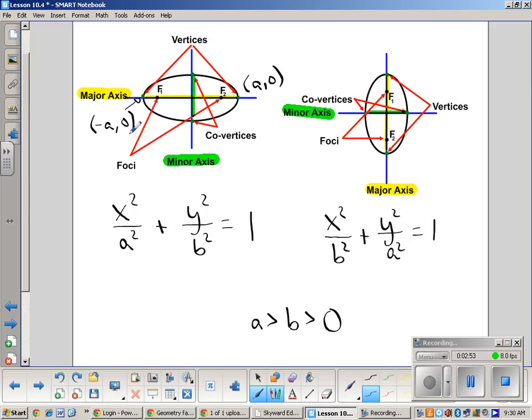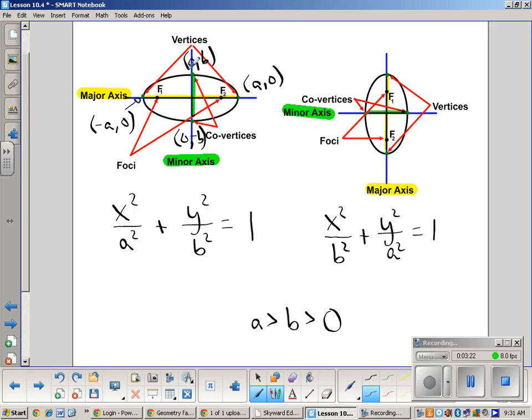This is only true if the center of the ellipse is at the origin. If the ellipse is centered at the origin, then this would be A,0 and this would be negative A,0. The co-vertices then would be 0, negative B down here, and 0,B up here. Those are the co-vertices.